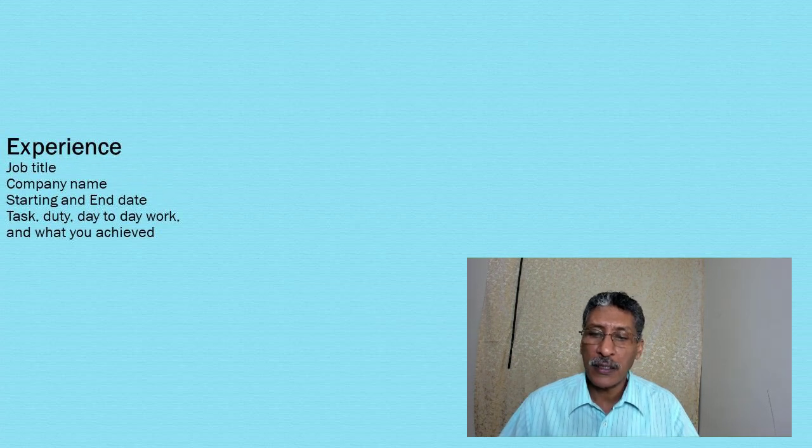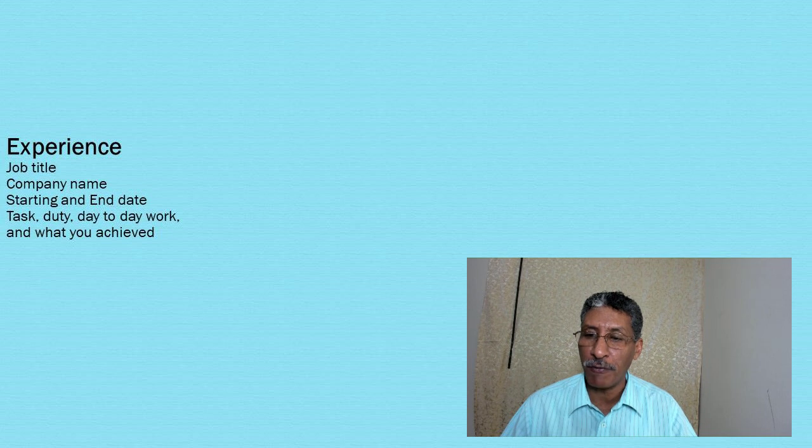For experience, you may have 5, 6, maybe 10 experiences, but you have to put the job title, company name, starting date and ending date of your experience, and exactly the tasks and duties that you did day by day during your last company or the companies before. So be careful about the experience.